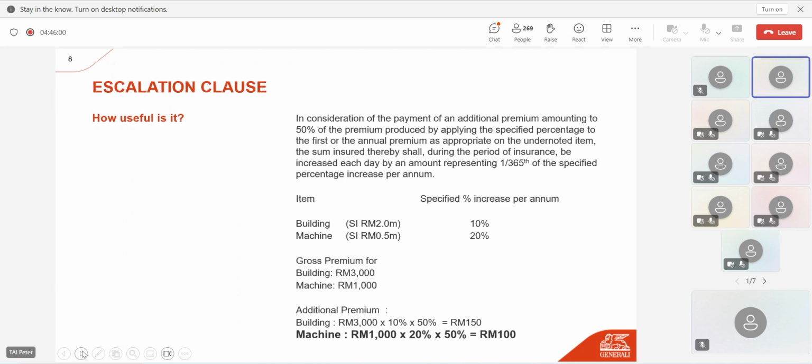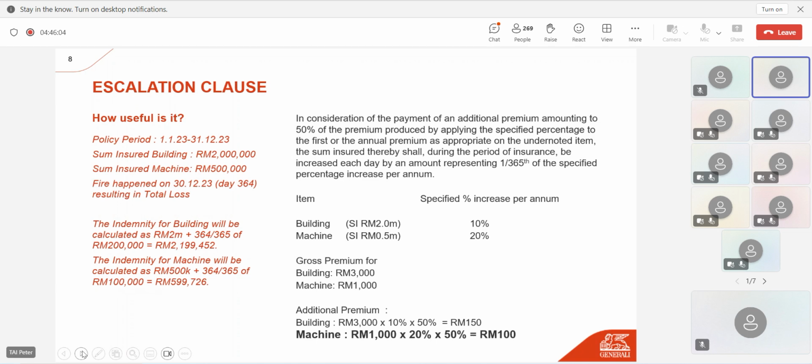Understand? All right. So how useful is it? This is a very good example. Let's say the fire happened on the 30th. Same example, same condition. The fire happened on 30th of December, meaning the last day, day 364, resulting in total loss, totally burned down. 2.5 million totally burned down.